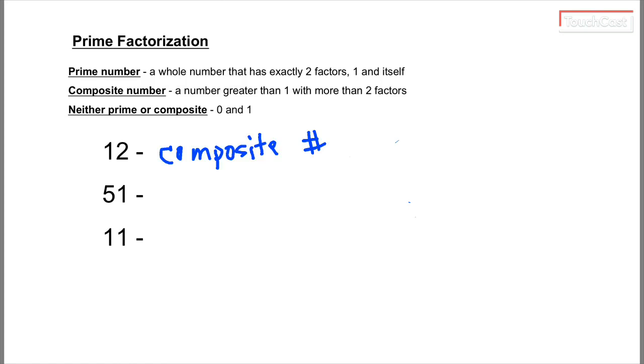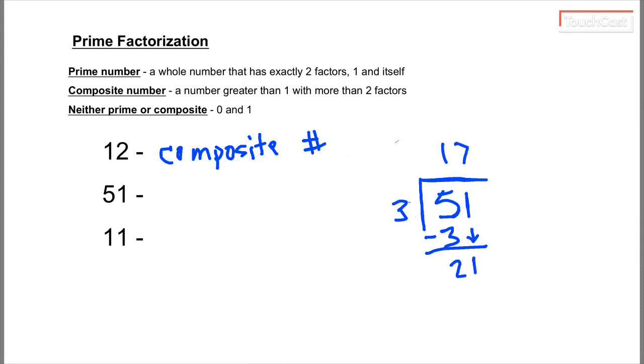So, if we were to divide 51 by 3, we get 17. So that means that it has more than two factors. Those two factors would have to be 1 and 51. So 51 is also a composite number.